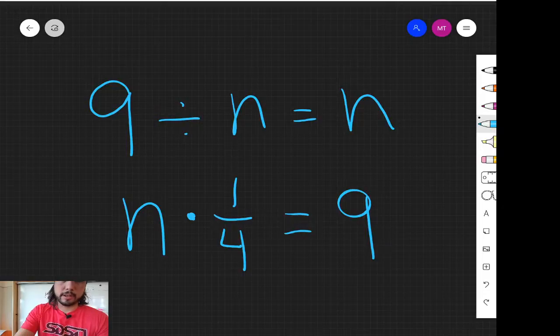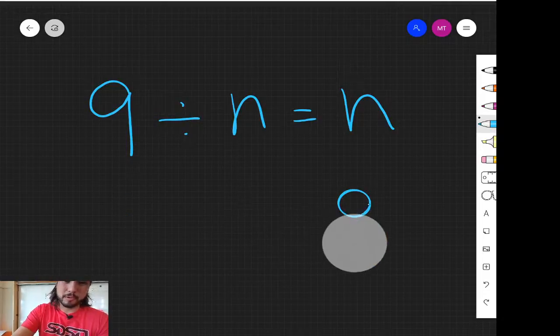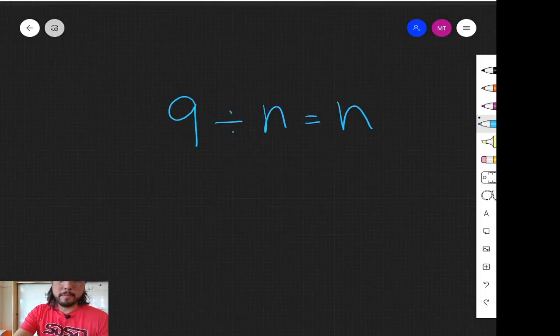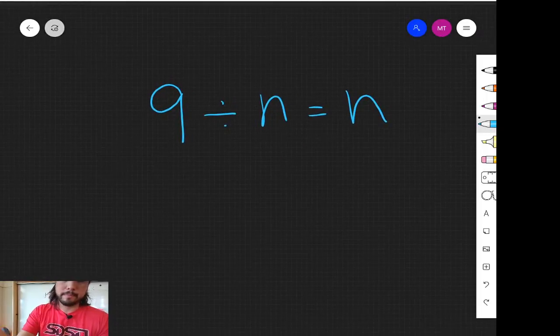There actually is an answer for that, a whole number answer. But if we meant it to be two different values, we would use 9 divided by a equals n, or 9 divided by x equals n. Okay?